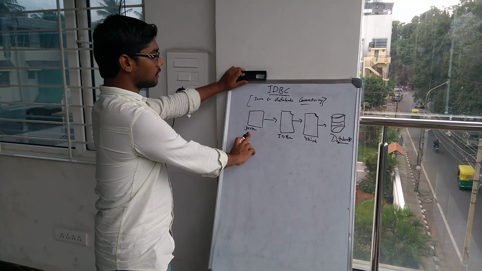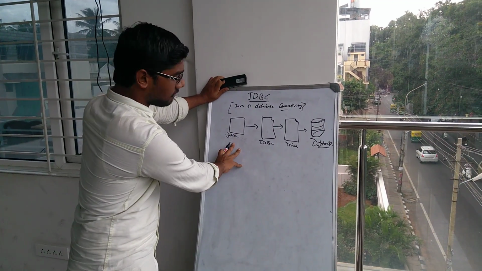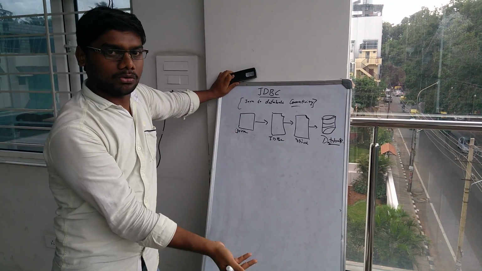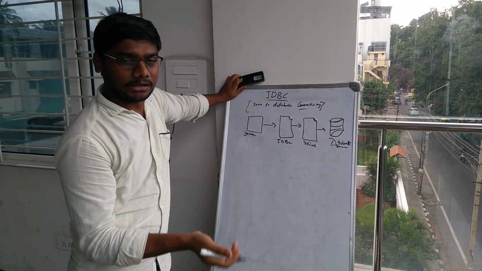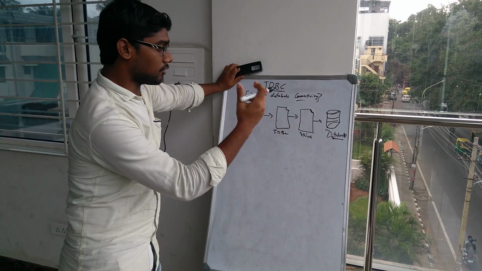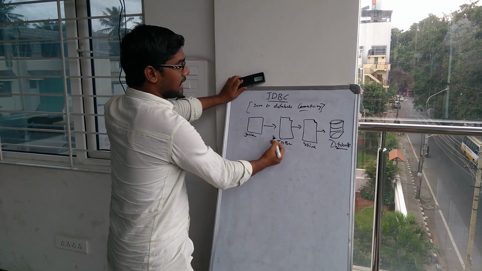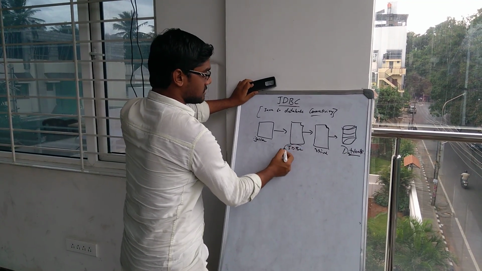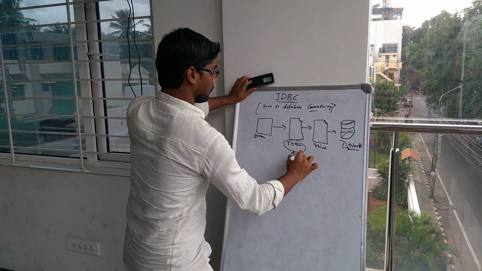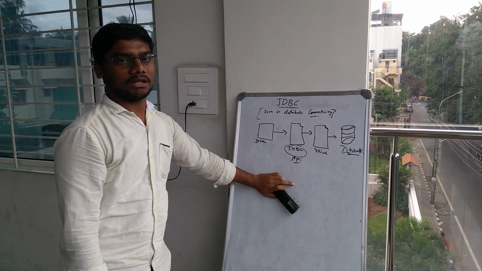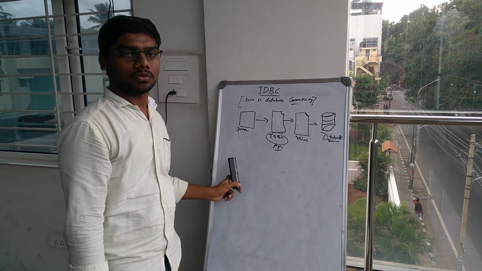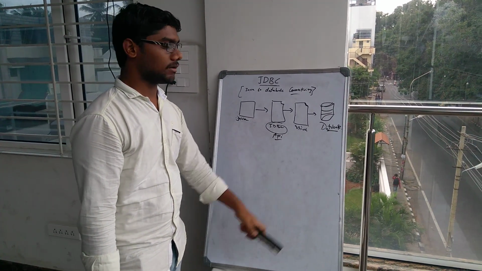Here we give the functionality in the Java file, like if we want to retrieve data or delete some data and all that. So this Java file goes through JDBC, which is the API, the only API we use to connect the Java file to the database.